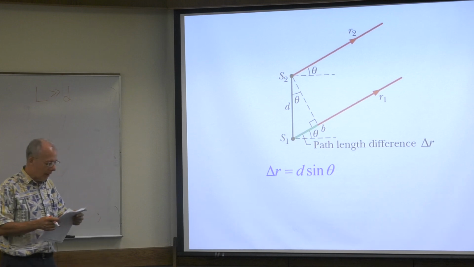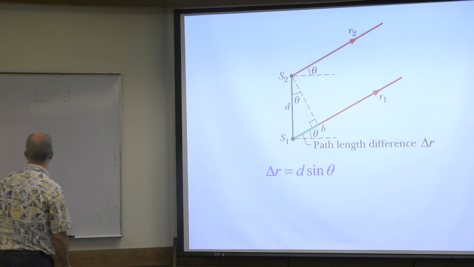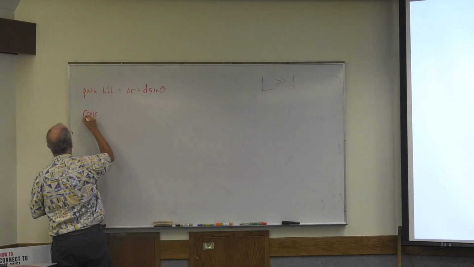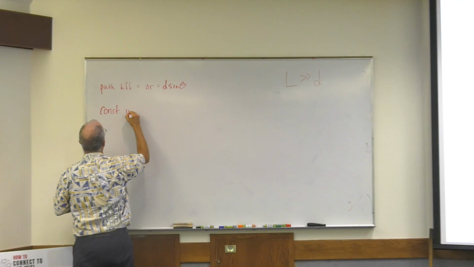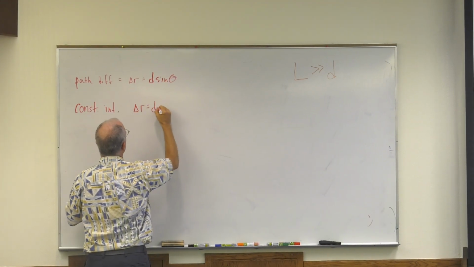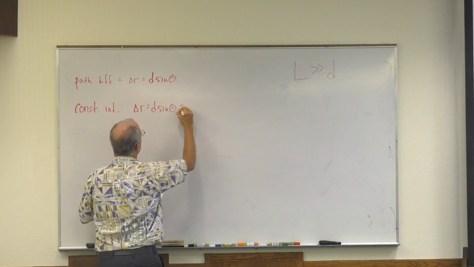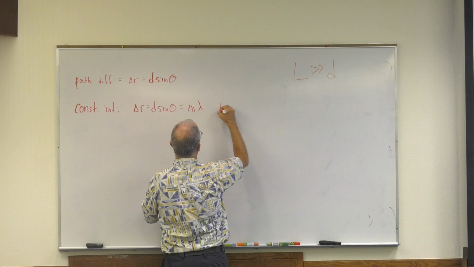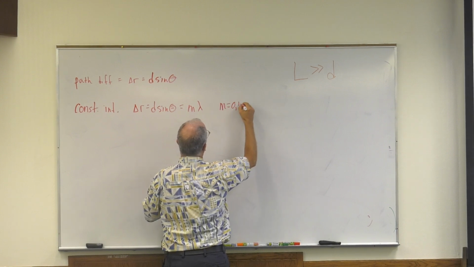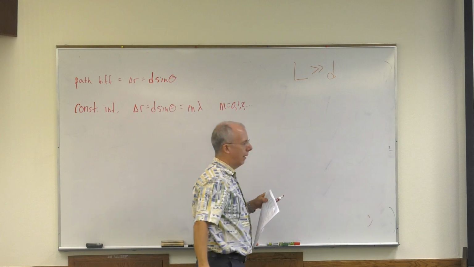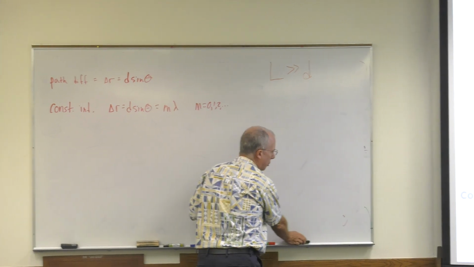So for constructive interference, we want delta r, which is d sine theta, to be equal to m lambda, as usual. Okay, so that's constructive.